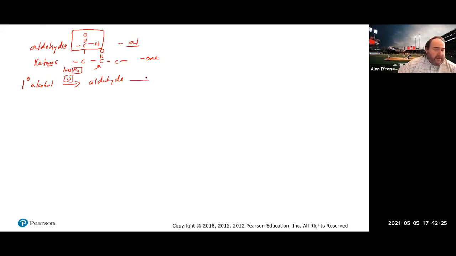If we further oxidize our aldehyde, as we talked about last time, it will make us a new organic group, which is a carboxylic acid, having the functional group of carbon-oxygen double bond, OH. The difference in this oxidation is that we are adding oxygen.